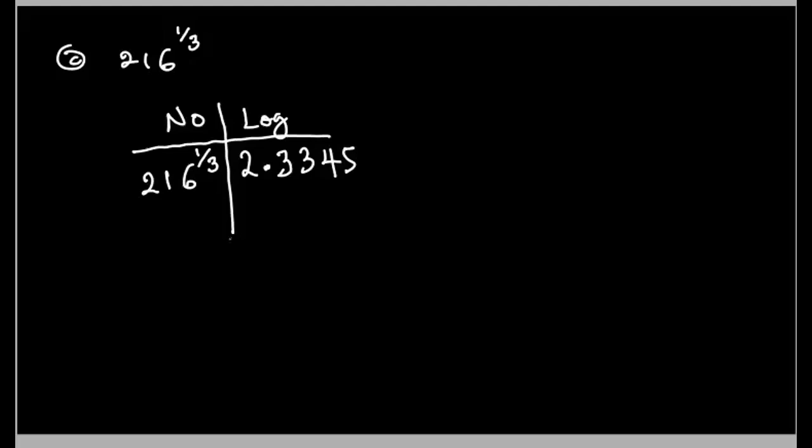Now the next thing to do is we are having a power here, and for power we always multiply by the power. So the power here is 1 over 3, so I will have times 1 over 3. So 2.3345 times 1 over 3 gives us what? On the calculator, this gave us a very long number. But for the fact that we are dealing with 4 figures, let's just round it up to 4 decimal places. And we have 0.778.